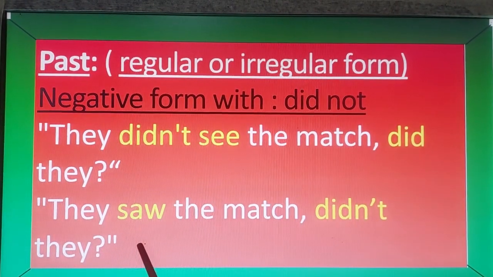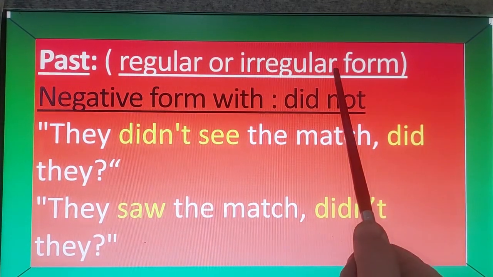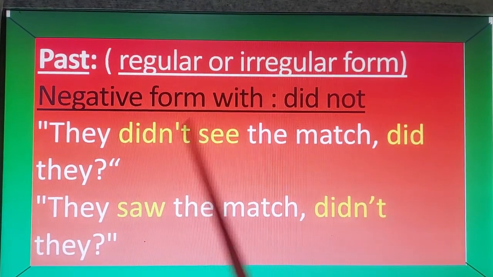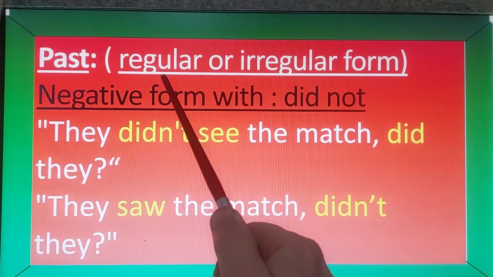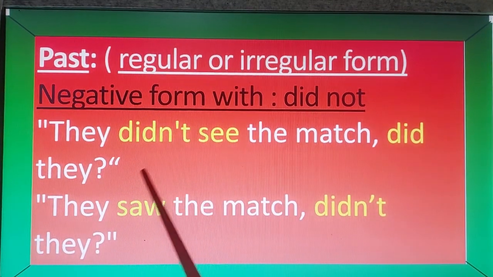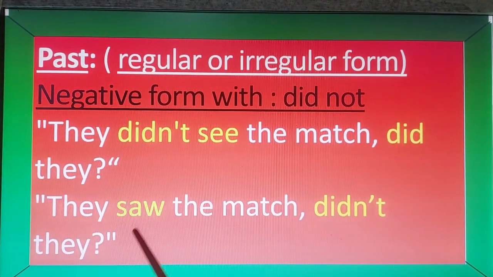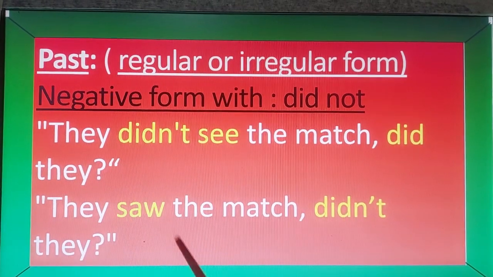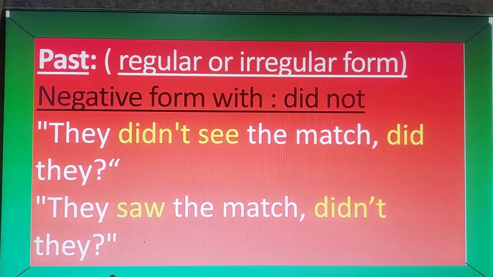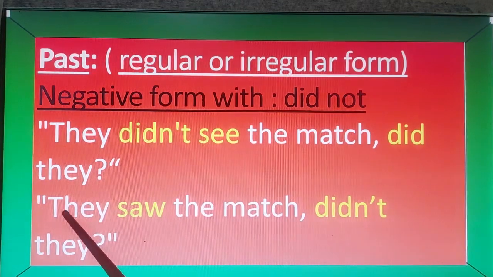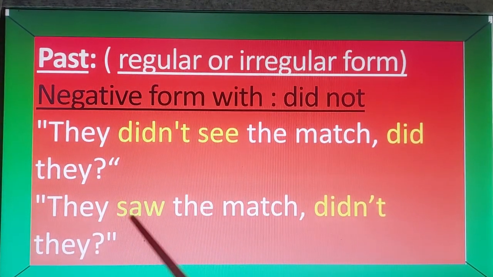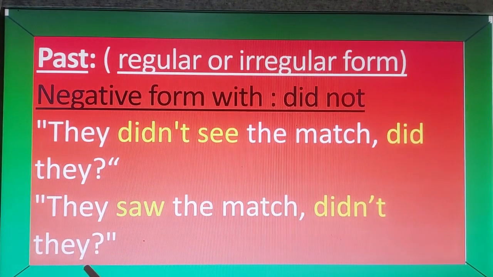They saw, it's the past, it's irregular. Okay? If it is regular, it's with ed. For example, they liked the match, didn't they? If it's irregular, we say they saw the match, didn't they?